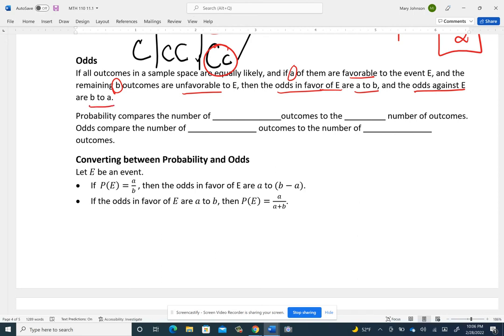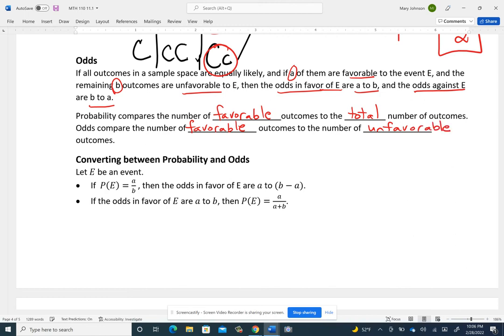Okay. Now, probability compares the number of favorable outcomes to the total number of outcomes. But odds does something slightly different. It compares the number of favorable outcomes to the number of unfavorable ones.